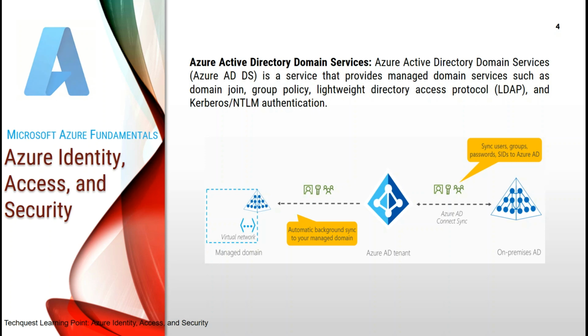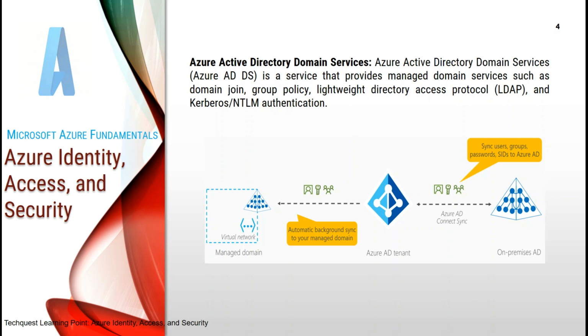The Azure platform handles the DC as part of the managed domain, including backups and encryption at rest using Azure Disk Encryption. A managed domain is configured to perform a one-way synchronization from Azure AD to Azure ADDS.